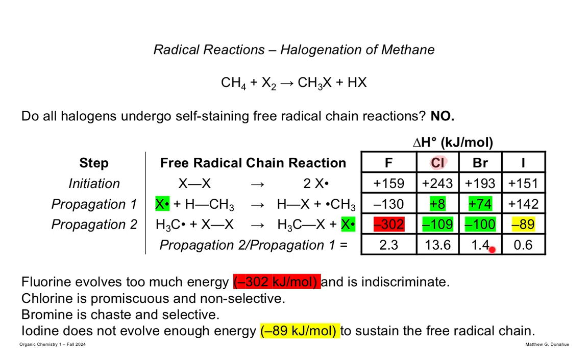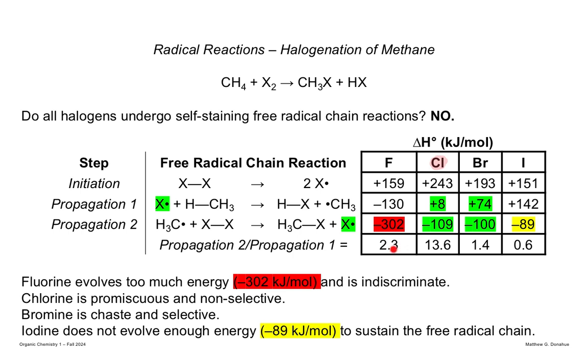So the ratio of that is 1.4. So it meets the energy demand, but notice it's much less than chlorine. And then for iodine, step 1 requires plus 142, but it only evolves negative 89. So it does not meet that demand. So for synthetic purposes, you can't use I2 in this reaction. It just will not progress.